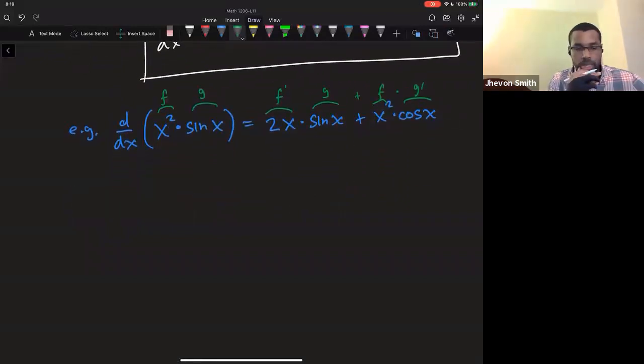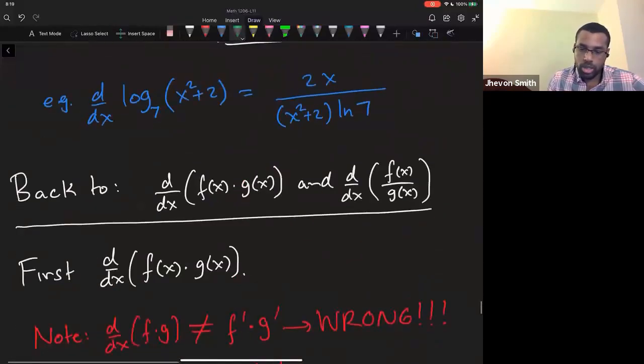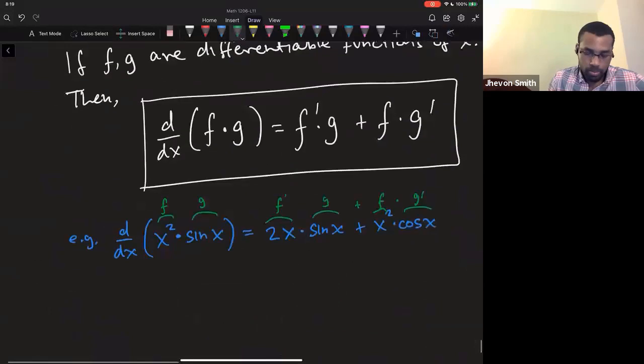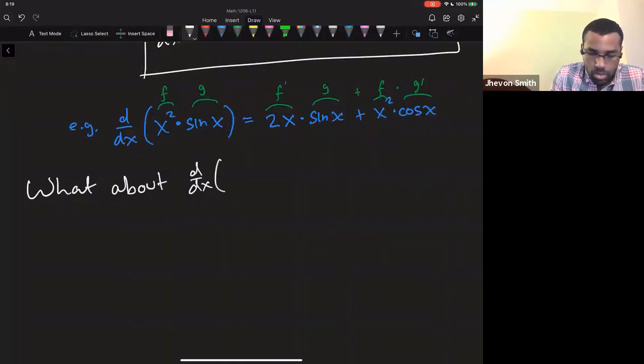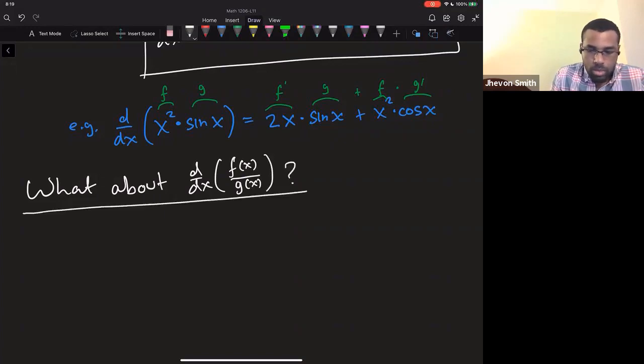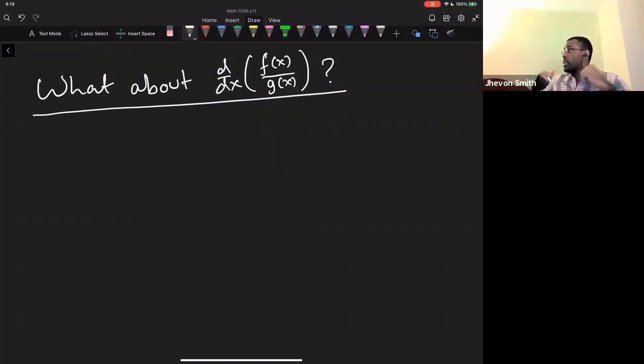It turns out once we have this, we actually have the rule for the division version much easier. We don't even have to go through the definition. What we can realize is that division you can kind of think of as multiplication by an inverse.